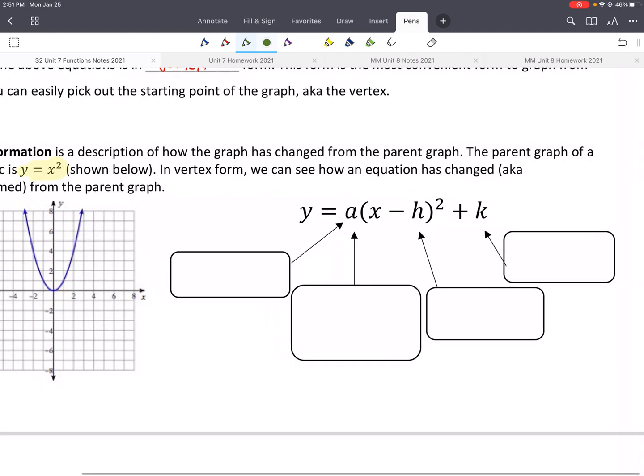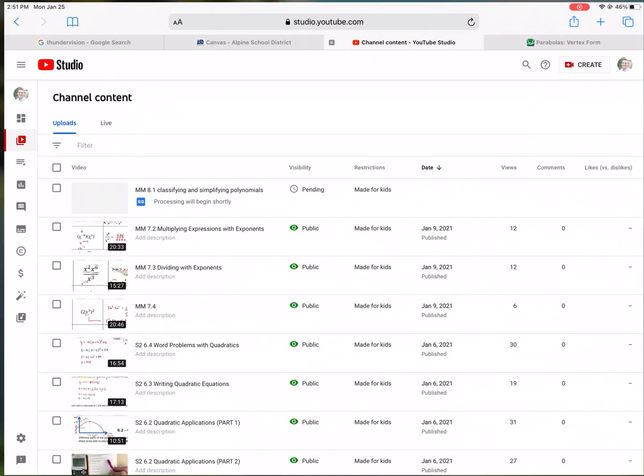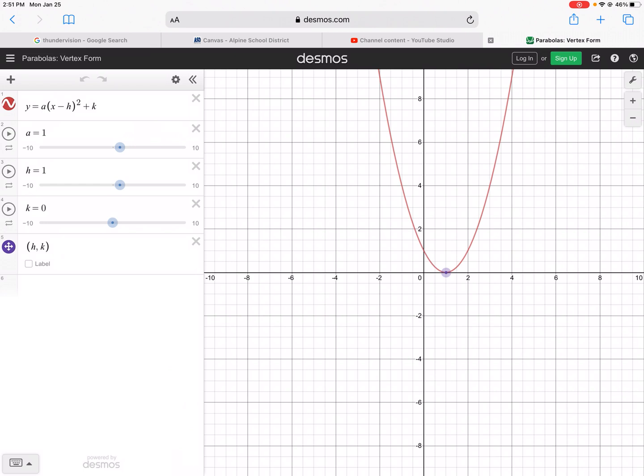Okay, so one thing that we could do, and we've talked about this already. So here we have a parabola, okay, and I can move this over so that it is a parent graph. So h and k are 0 and a is 1. So what transformations do we do if we change h?